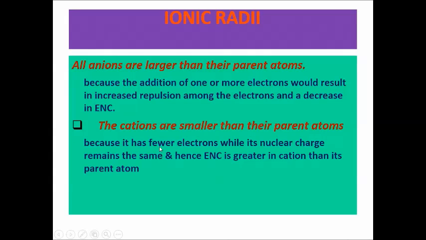But when the positive charge comes, the number of electrons is less, and hence the effective nuclear charge will be greater in the case of cation compared to the parent atom. So that is the reason why the cations are smaller and the anions are larger than their parents.